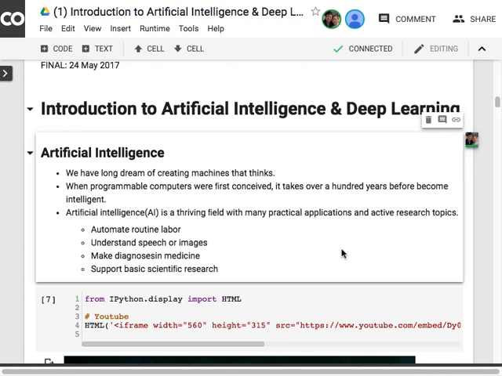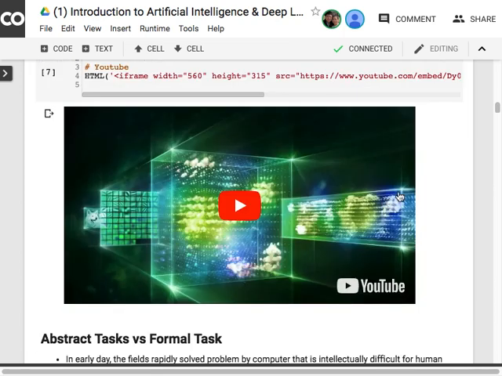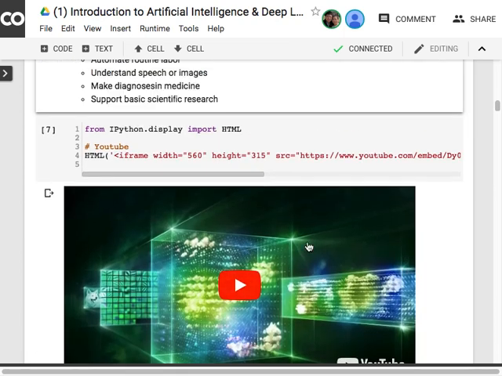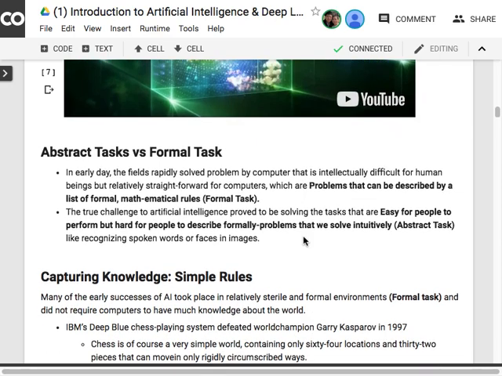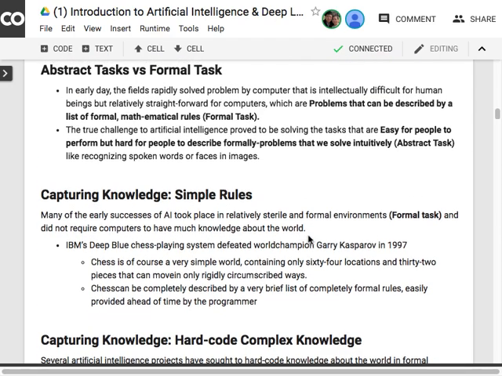We want the computer to be able to understand speech or images, and to be able to make diagnoses in medicine. The intelligent computer here would be able to support us in basic research. I think we will return to this later. First, I want to clear up the topic first.